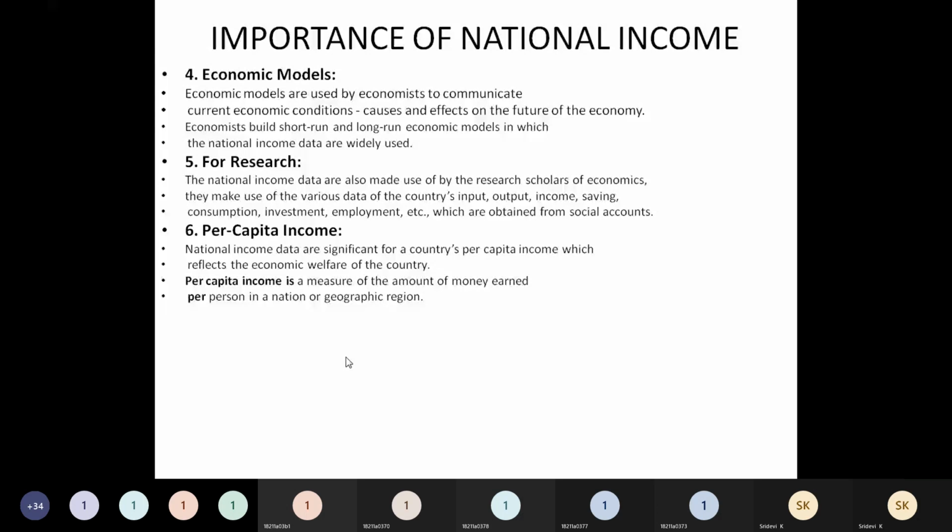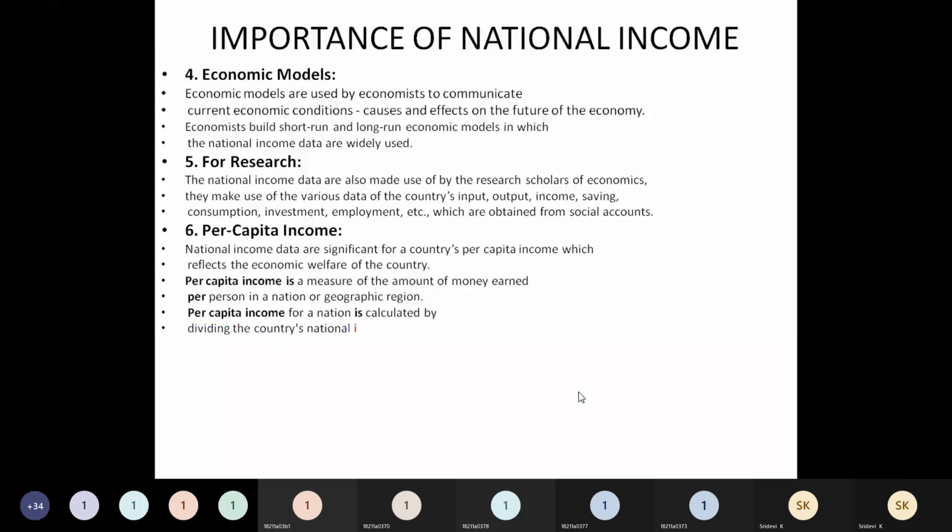And we cannot find out how many groups of people come under the poverty level, under poverty level, above poverty level, etc. So this per capita income can be calculated throughout the nation, one person in a nation or in a particular area, geographical region, if you want to take into consideration and find out what is the per individual income, that can also be calculated here.